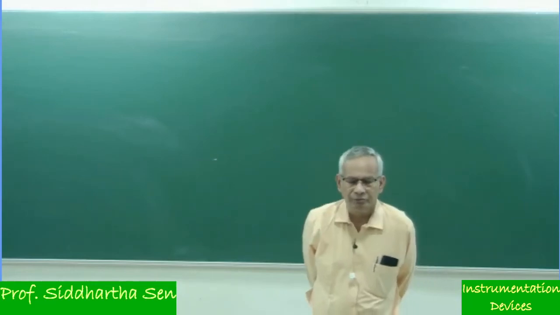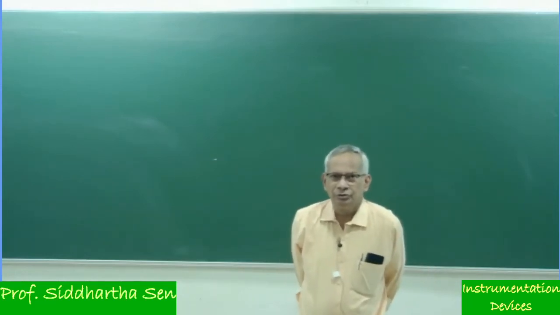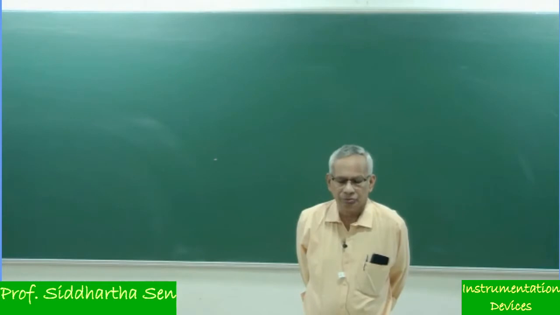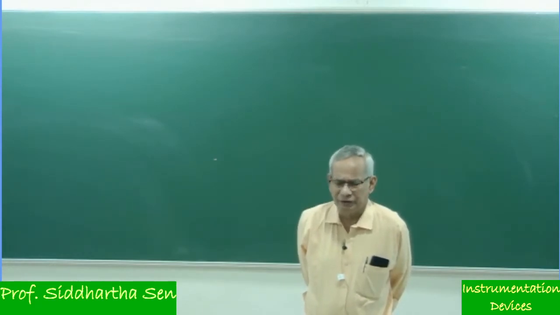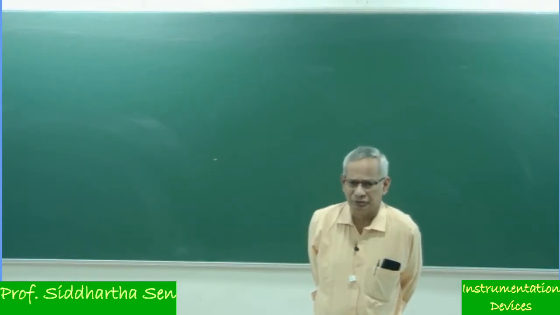Good morning to everybody. So, yesterday we discussed the theory of ionizing electrodes and the basic constructions and measurement techniques, or the special attention required for measurement of pH of a solution.